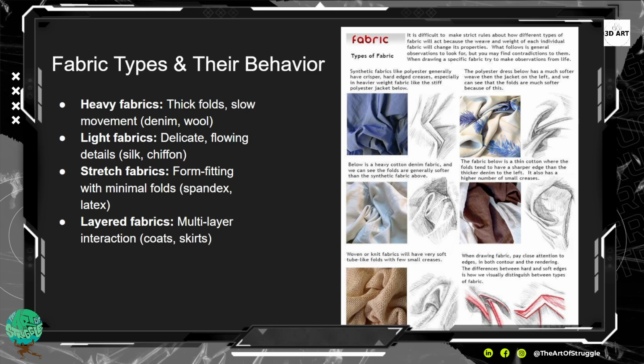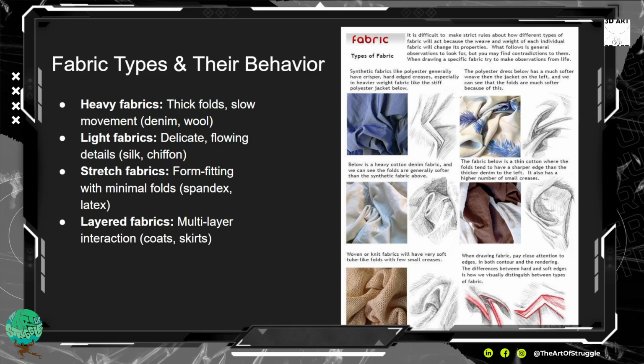Woven or knit fabrics will have very soft tube-like folds with few small creases. When drawing fabric, pay close attention to edges in both contour and rendering. The difference between hard and soft edges is how we visually distinguish between the types of fabric.